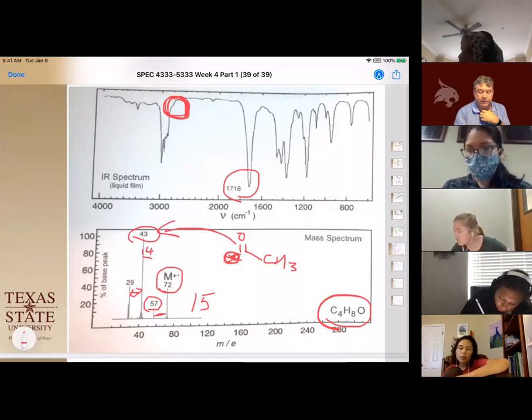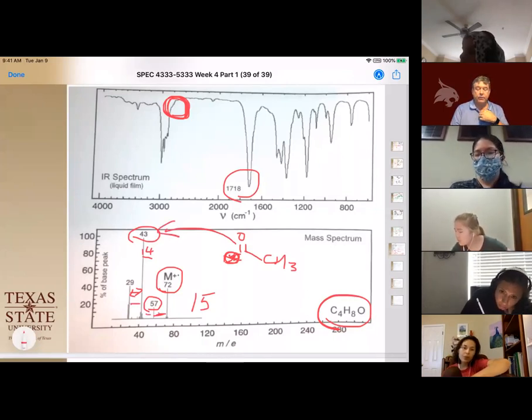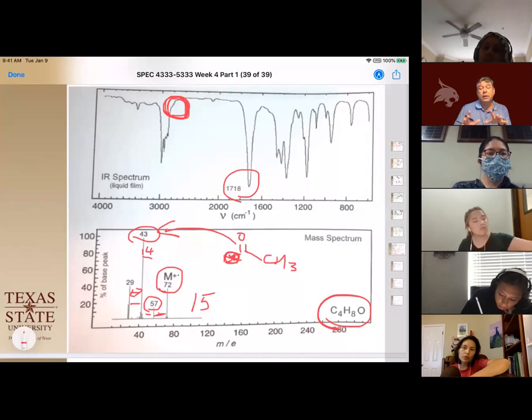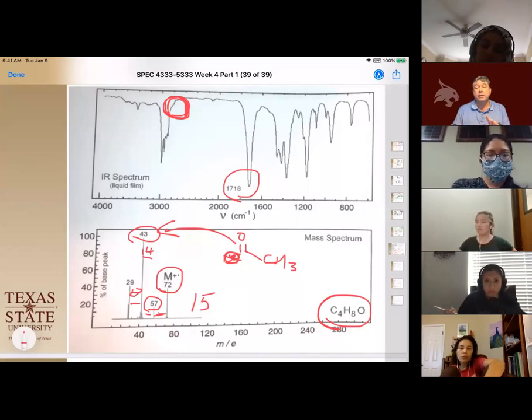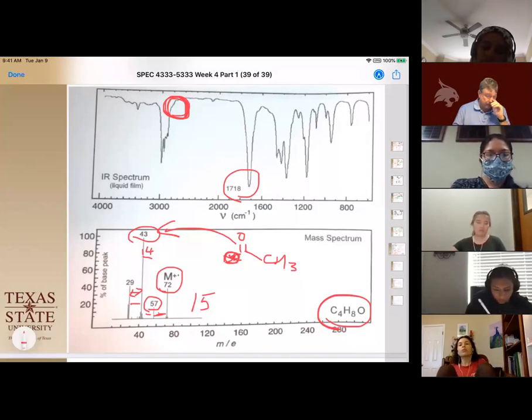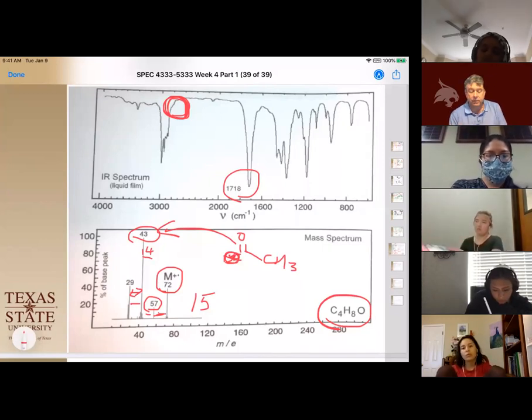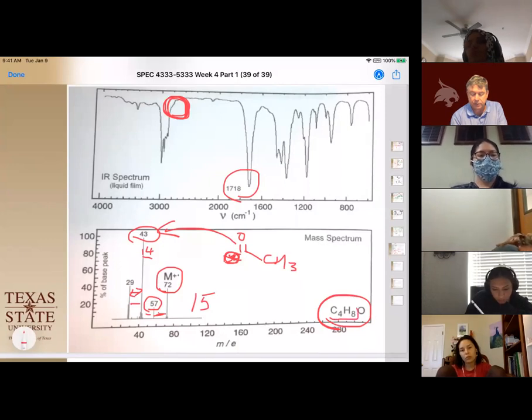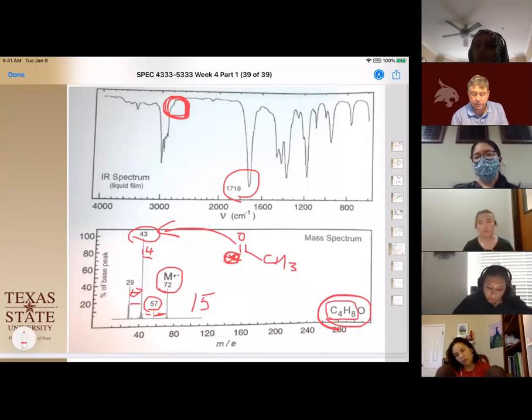So we have gaps of 15 or 14, and we have a 43 peak. That 43 peak is strongly urging you to have a methyl ketone in your final system. If we have a methyl ketone, that leaves us only 2 more carbons and 5 hydrogens left in our system. So that might be this.